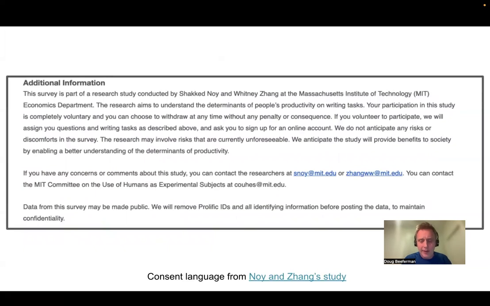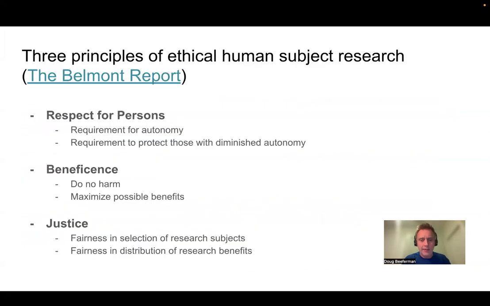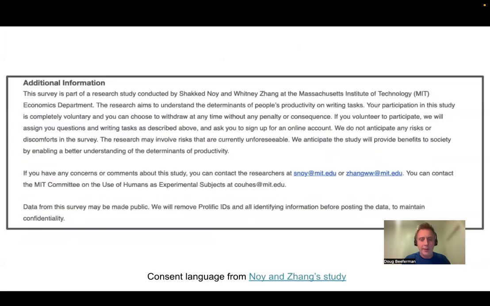So this is just an example on the subject of respect for persons and autonomy. This is an example of the informed consent form from the Noy and Zhang study, where they studied the effect of ChatGPT in the knowledge economy.